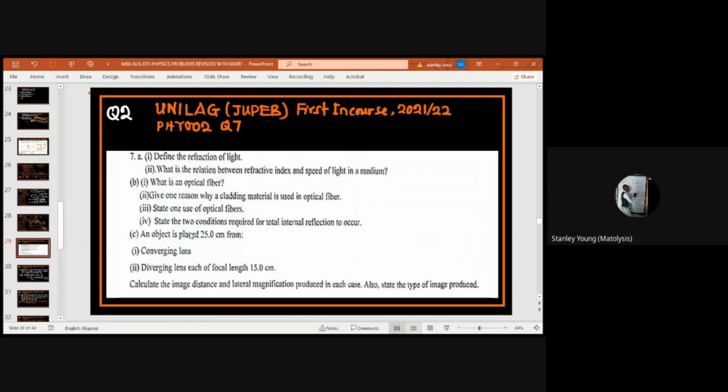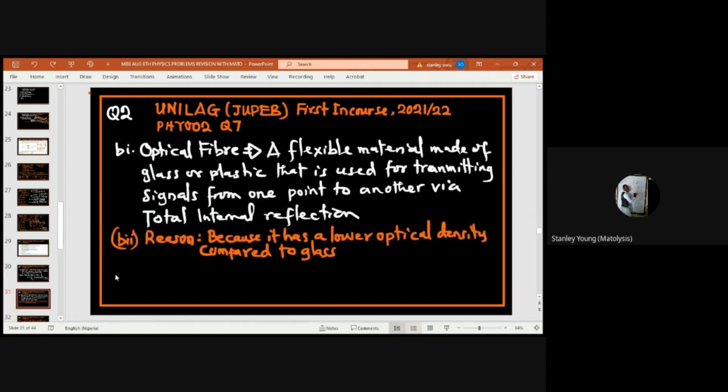B, Roman figure 3. It says, state one use of optical fiber. The straightforward answer to that should be, it is used for the transmission of signals.